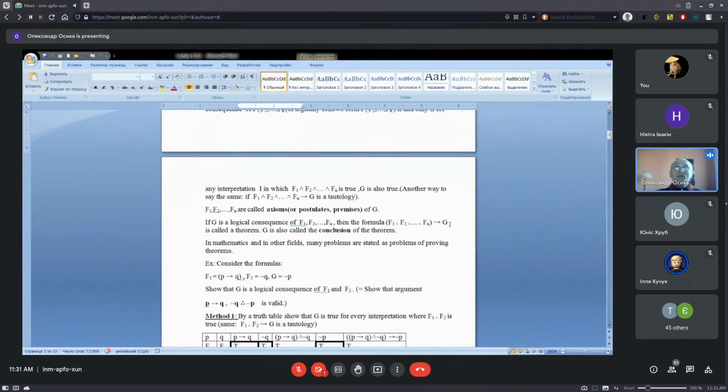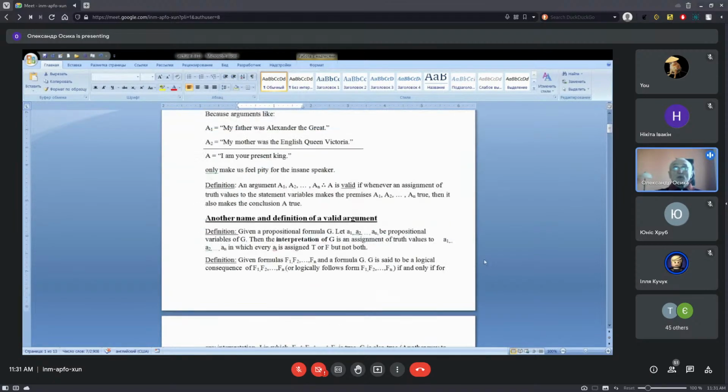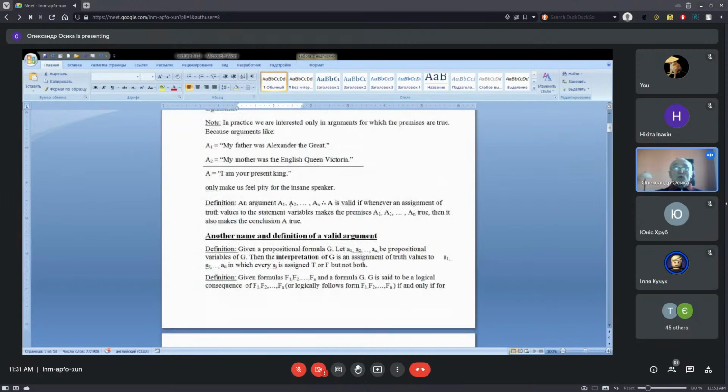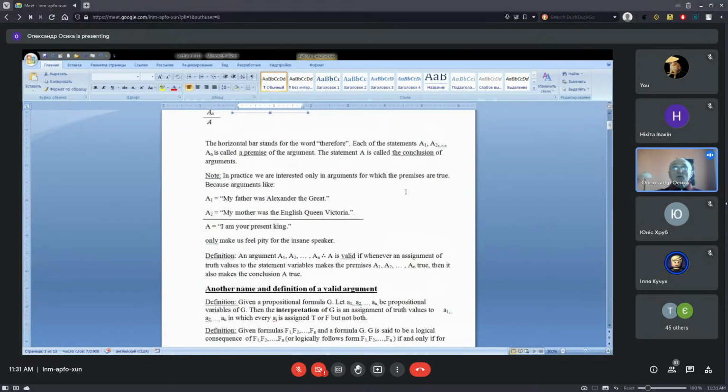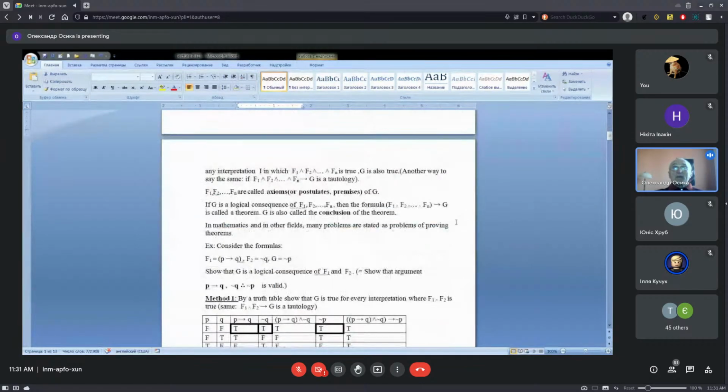So this is a theorem. G is also called a conclusion of the theorem. Here, what follows we call a conclusion.